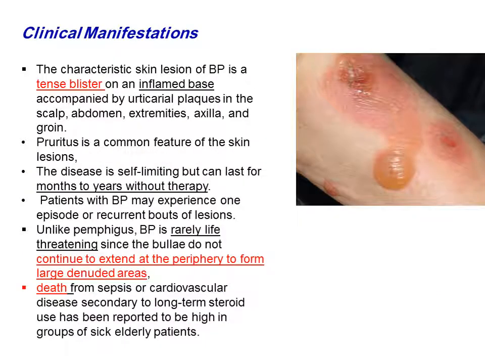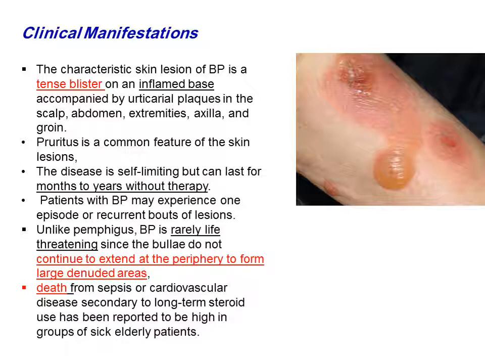The clinical manifestation of bullous pemphigoid is a tense blister on an inflamed area, accompanied by urticarial plaque in the scalp, abdomen, extremities, axilla, and front. Pruritus is a common feature of the skin lesion. The disease is self-limiting but can last for months to years without therapy.